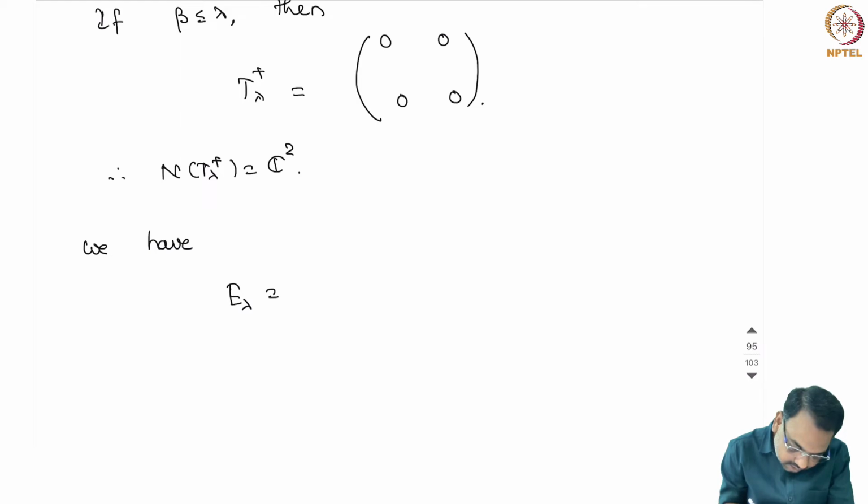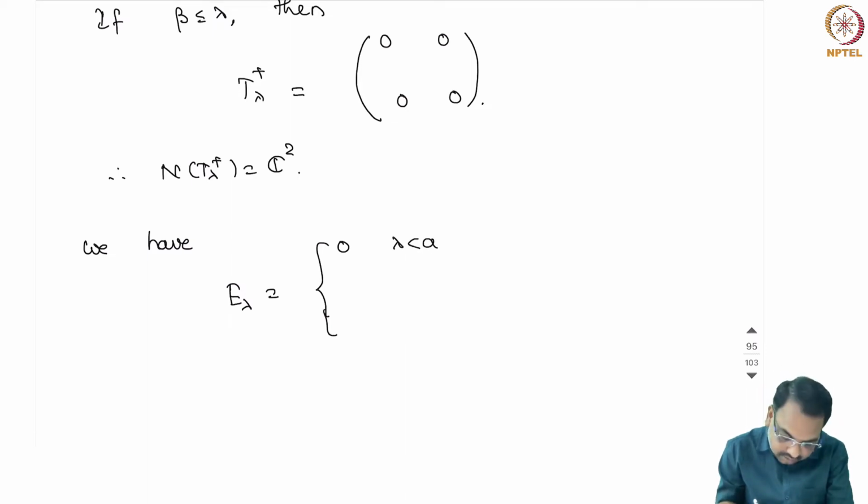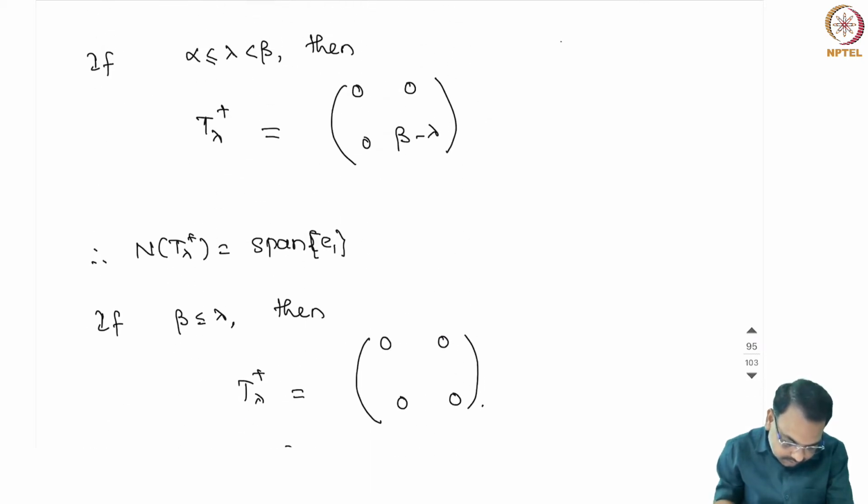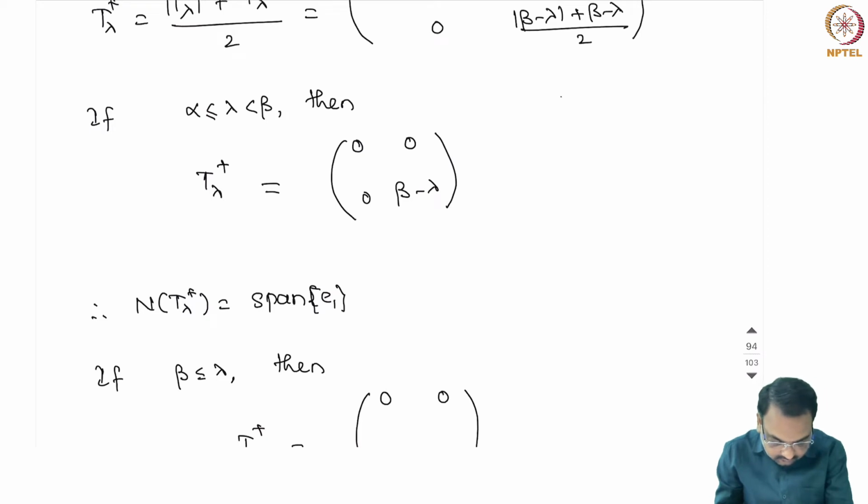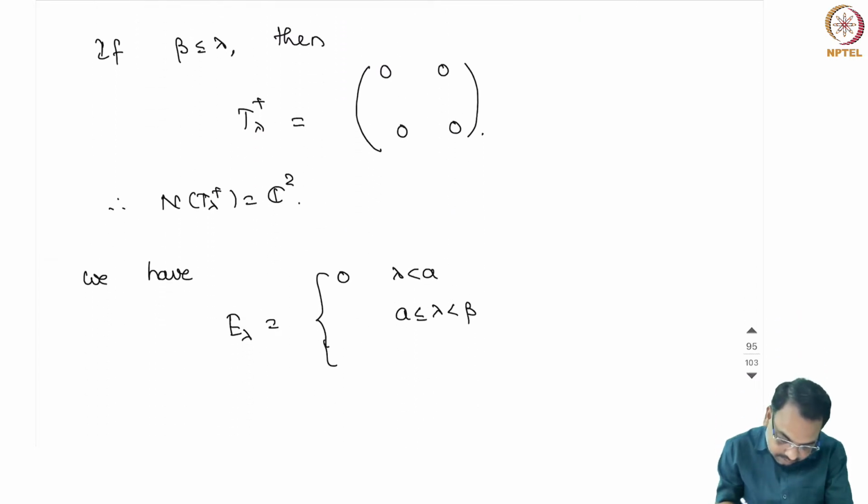E lambda is nothing but 0 when lambda is less than alpha. And when lambda is less than beta, we have shown E lambda is the null space of T lambda plus, which is span E1. So we have to look at the projection onto span E1. Let us call this P1, where P1 is the projection onto span E1.